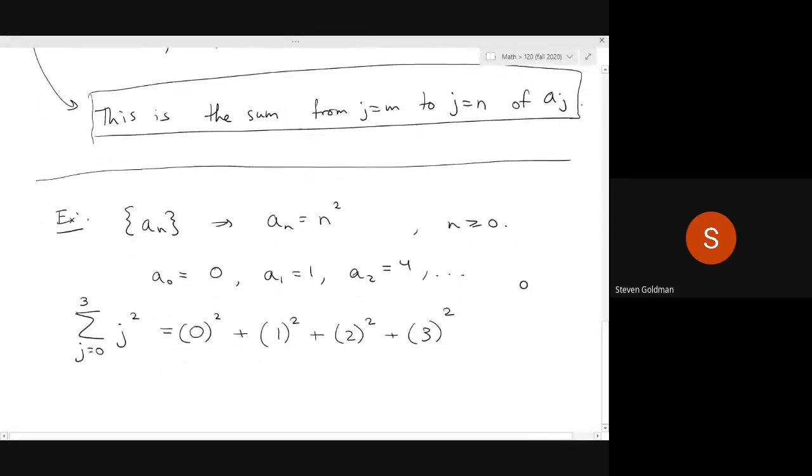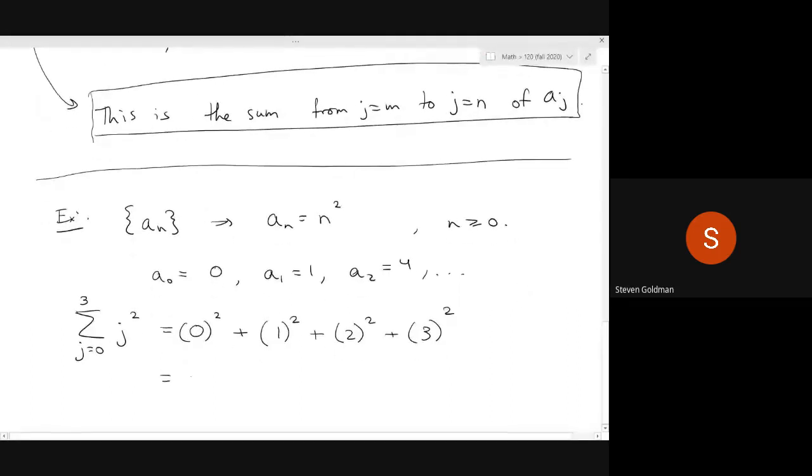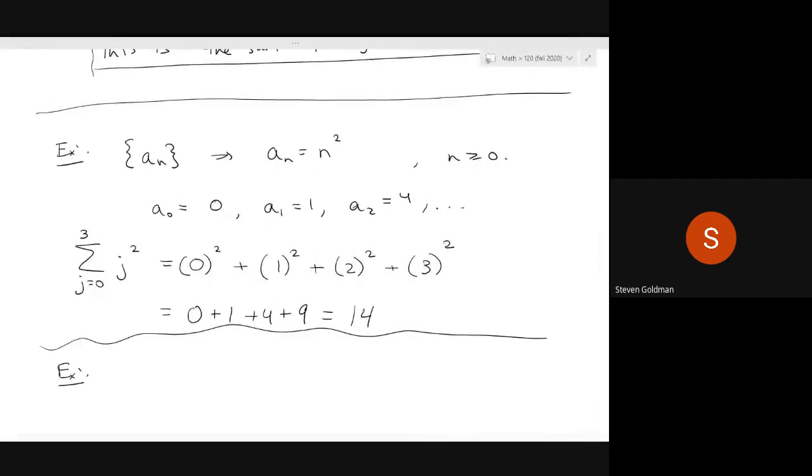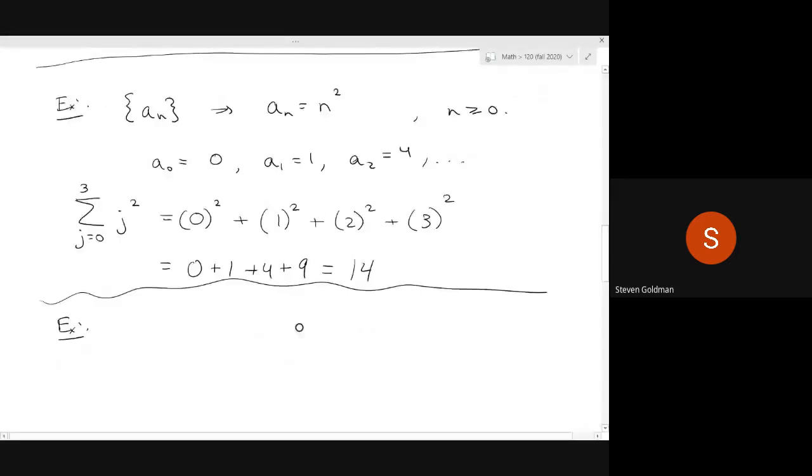So this is equal to 0 plus 1 plus 4 plus 9, which is 14. So this sum is equal to 14. Any questions on that?